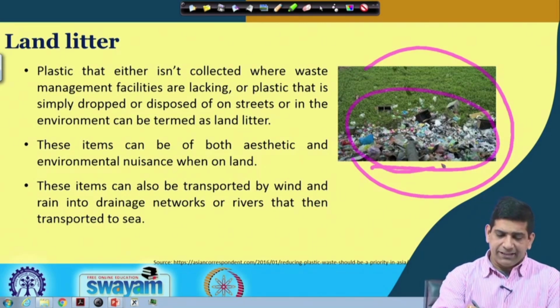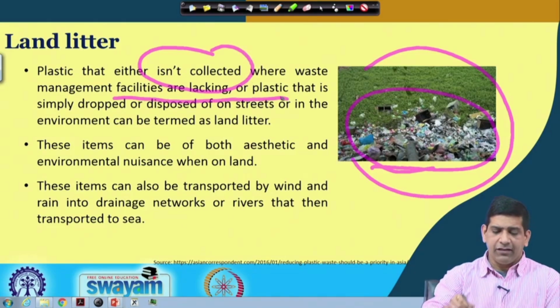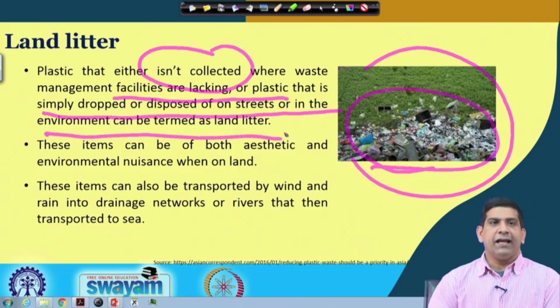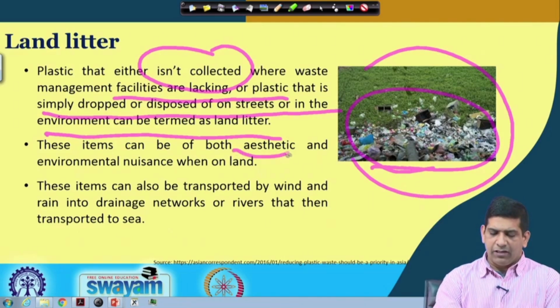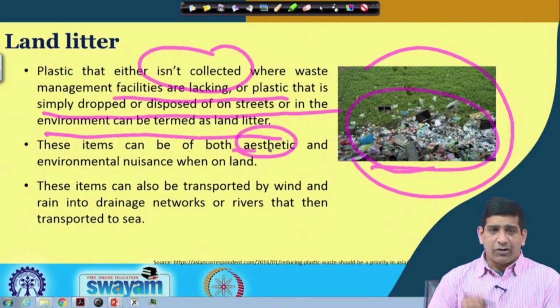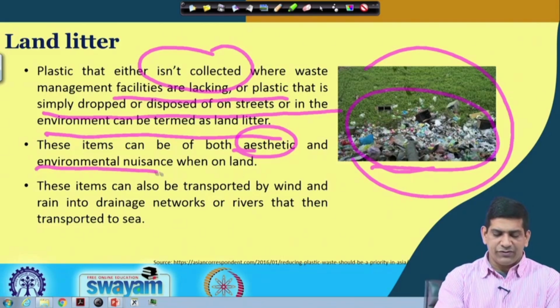Plastic that isn't collected, where waste management facilities are lacking, plastic that's simply dropped or disposed of on the streets or in the environment, can be termed land litter. So it is just getting onto the land. It's an aesthetic problem because it doesn't look nice, but more importantly, it's an environmental nuisance on land.